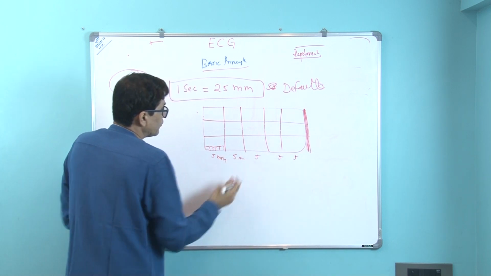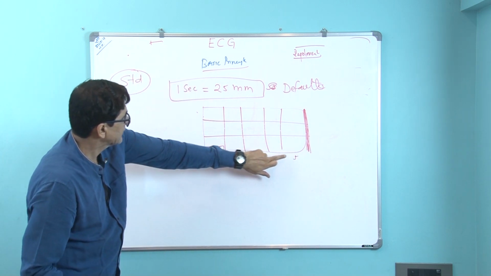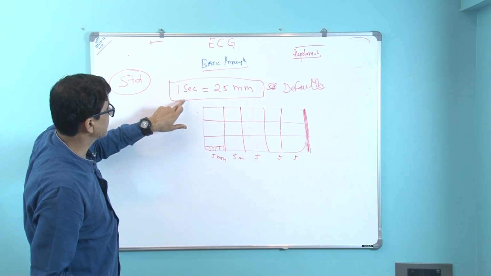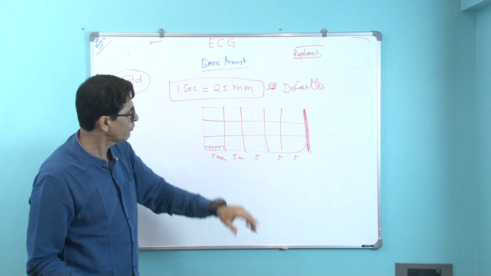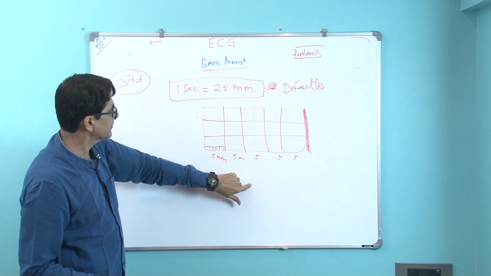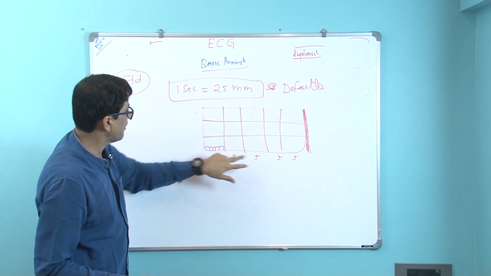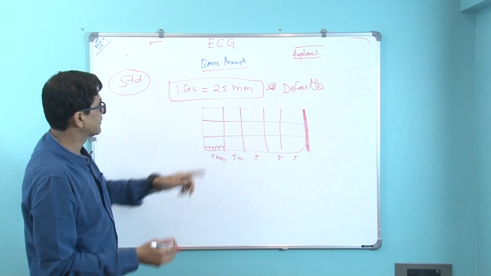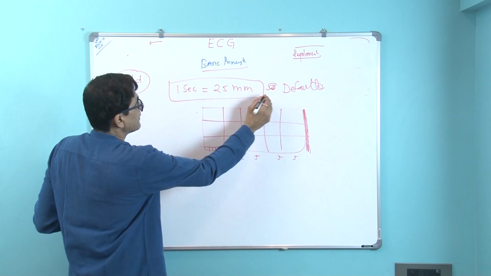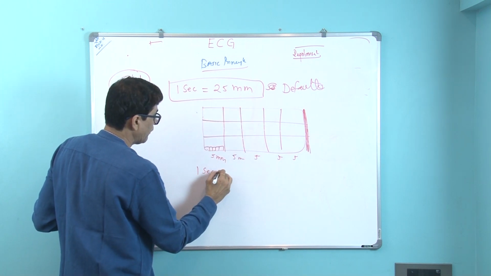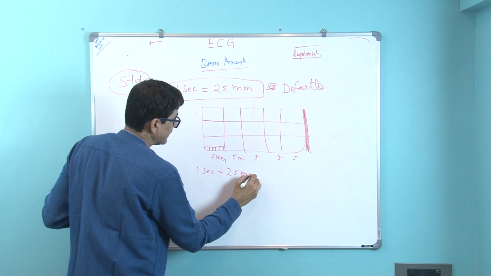So in 1 second the paper will travel 25 millimeter. If in manual mode you start the ECG machine, the paper will come out 25 millimeter in 1 second. So 1 second equal to 25 millimeter.